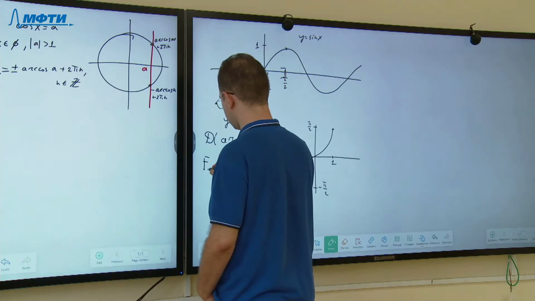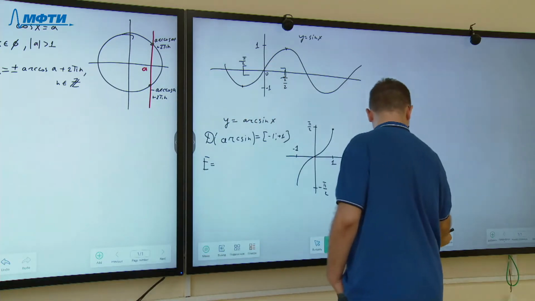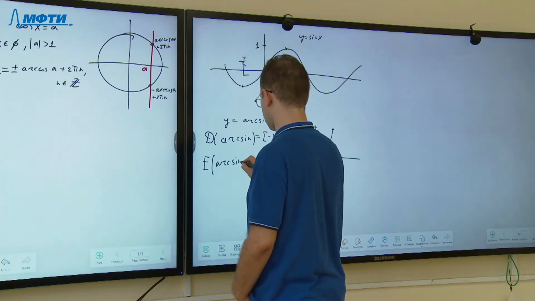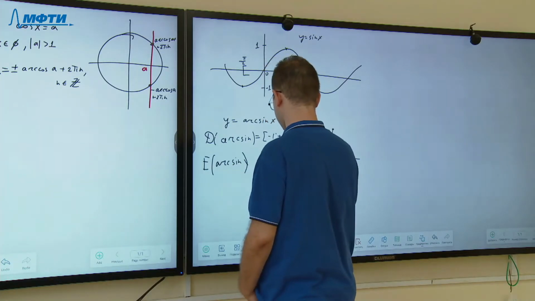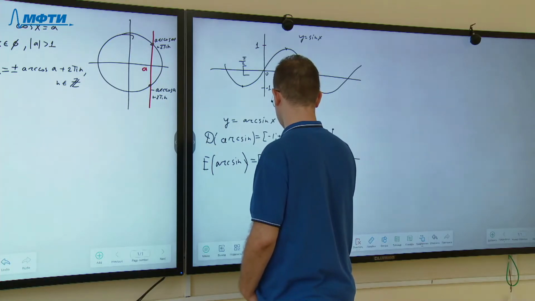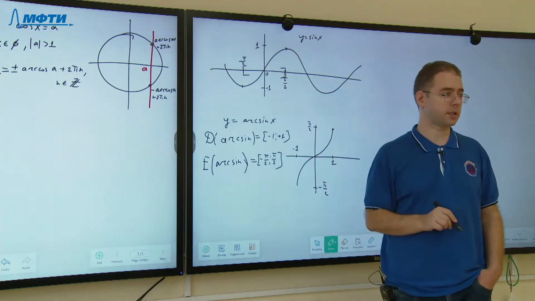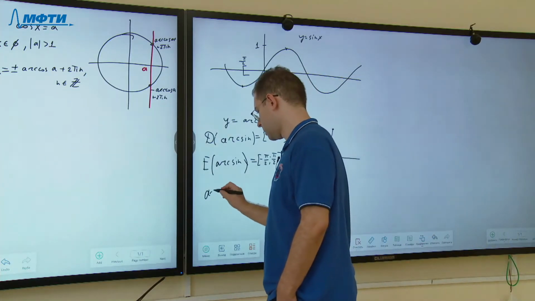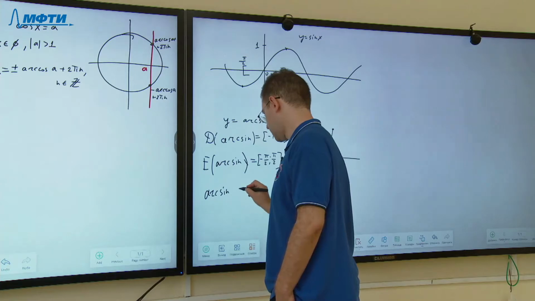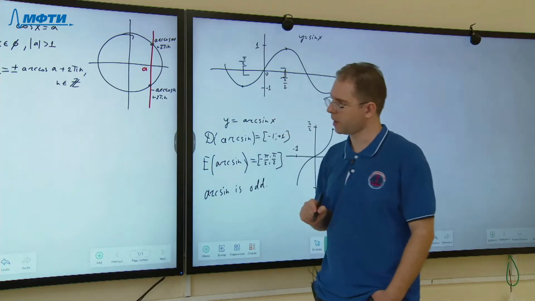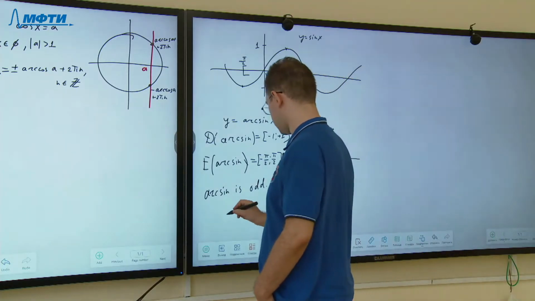Its codomain is from minus pi by 2 to pi by 2. This function is odd. Is an odd function, and it is increasing.